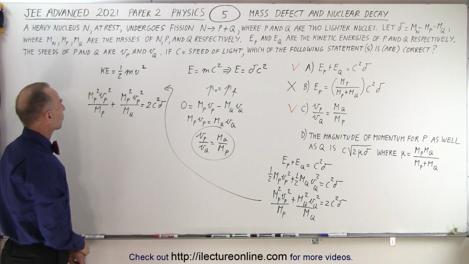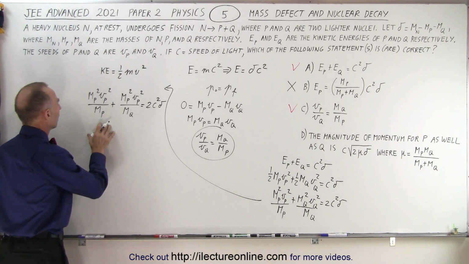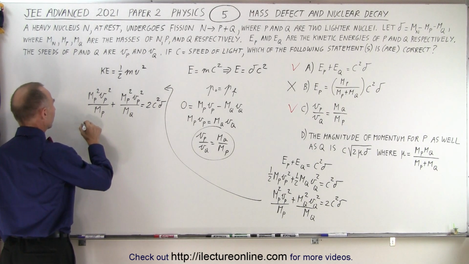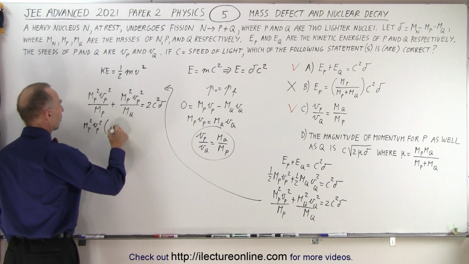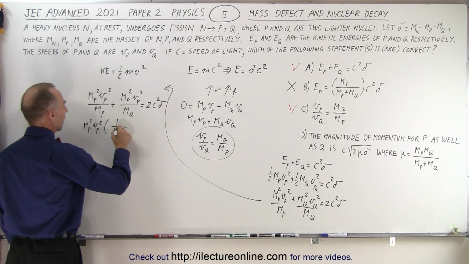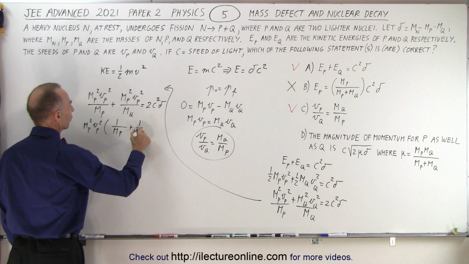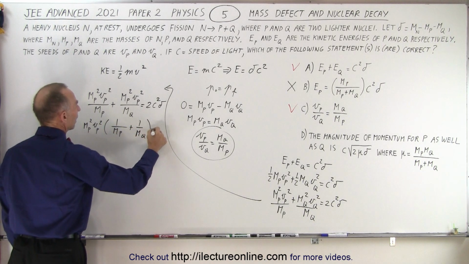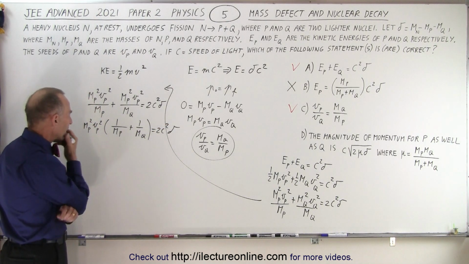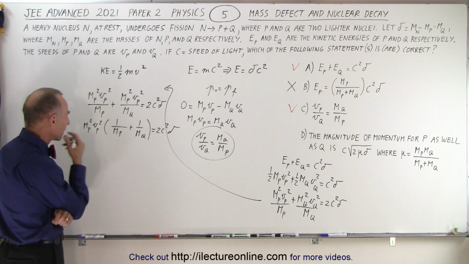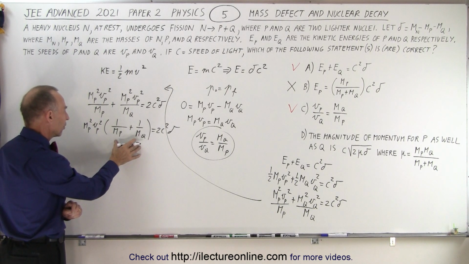So now I can factor out an mp vp squared. So I can write this as mp squared vp squared times 1 over mp plus 1 over mq, and that equals 2c squared delta.